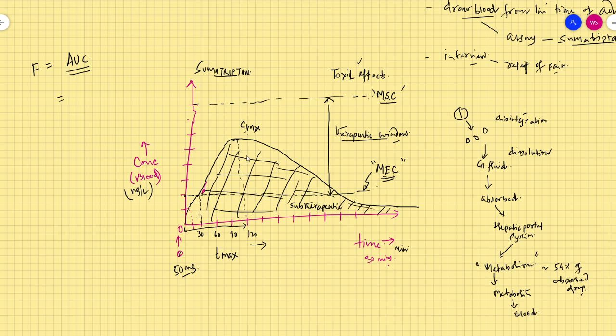This area under the curve depicts the entire concentration that reaches the blood, and it is found to be about 14%, and that is 14% of 50 milligram.